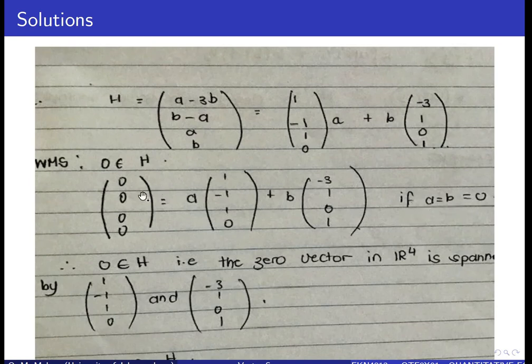If A and B are equal to 0, this will be just a 0 vector, right? Clearly 0 is in H because 0 is spanned by these 2 vectors in R4. So I did show the first property of a subspace. It remains to show 2 properties, which is closure under addition and closure under multiplication.